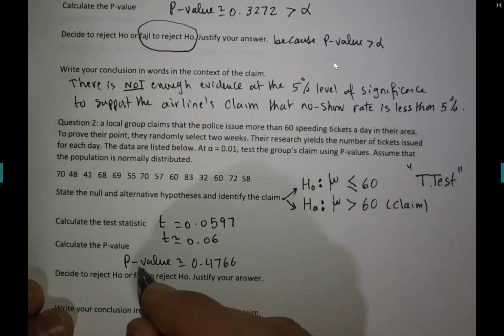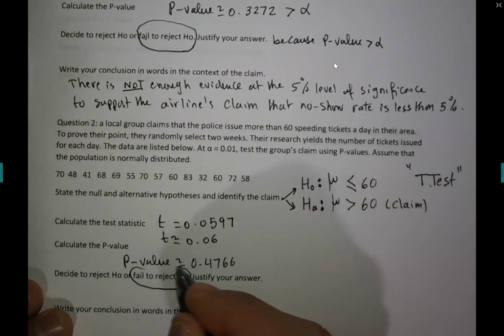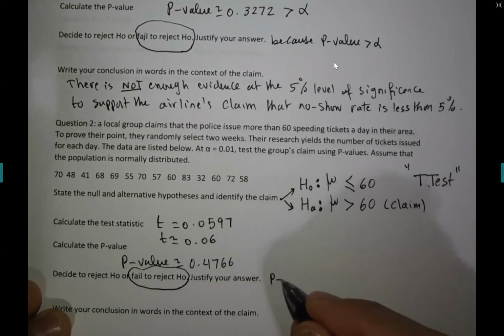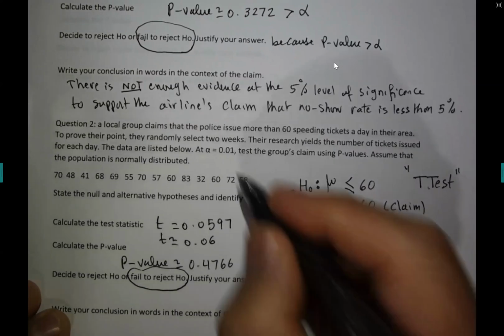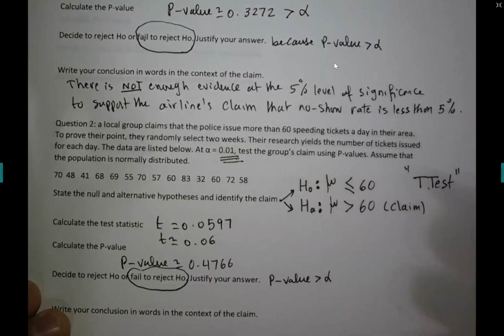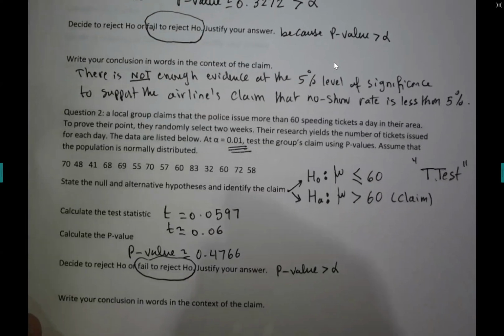And I'm gonna choose this. And if I want to justify my answer, because my p-value is more than alpha. Look, alpha is 0.01, guys. Conclusion, watch.